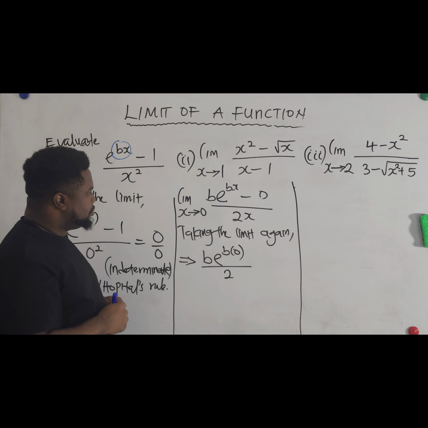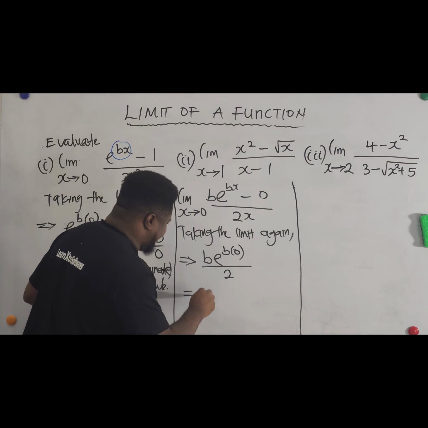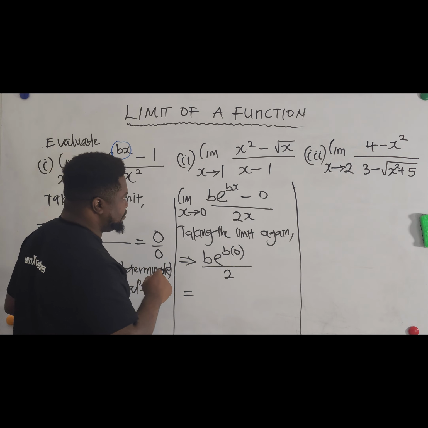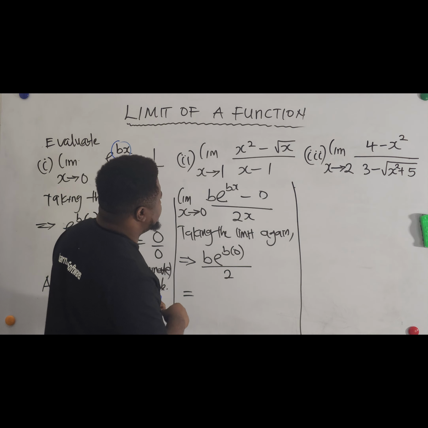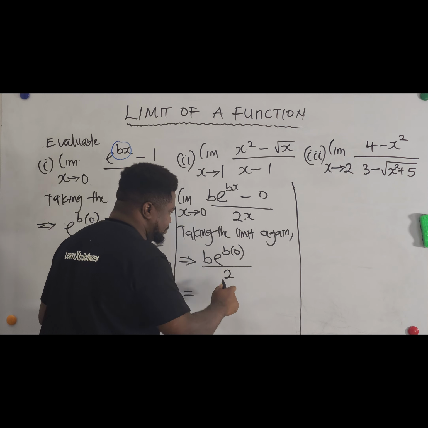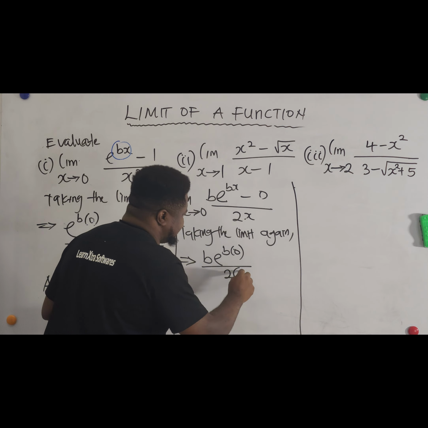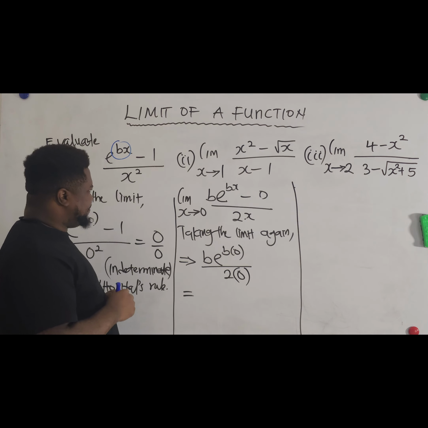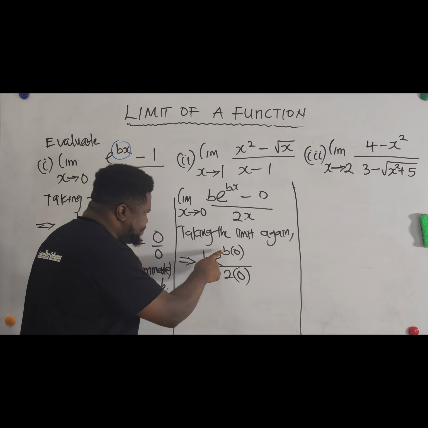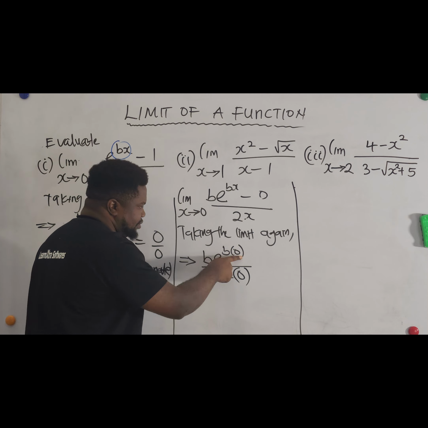So now, if I simplify this, sorry, this is x, right? So I have to include the x here also. That is 0. If I simplify this, that will be b times 0, 0.